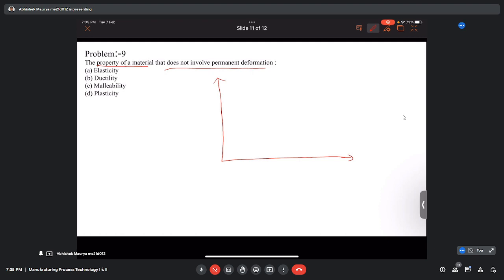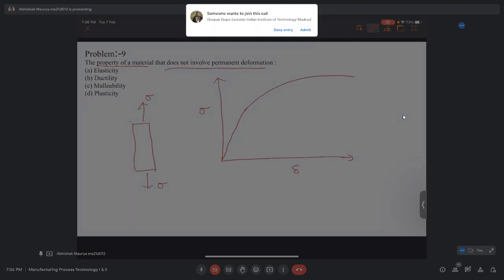So if you remember how we made this curve, we took a material. For simplicity, I am making it like this. We started applying some load over it, and because of the load, the length of the material starts changing, and because of that, we got some curve like this.